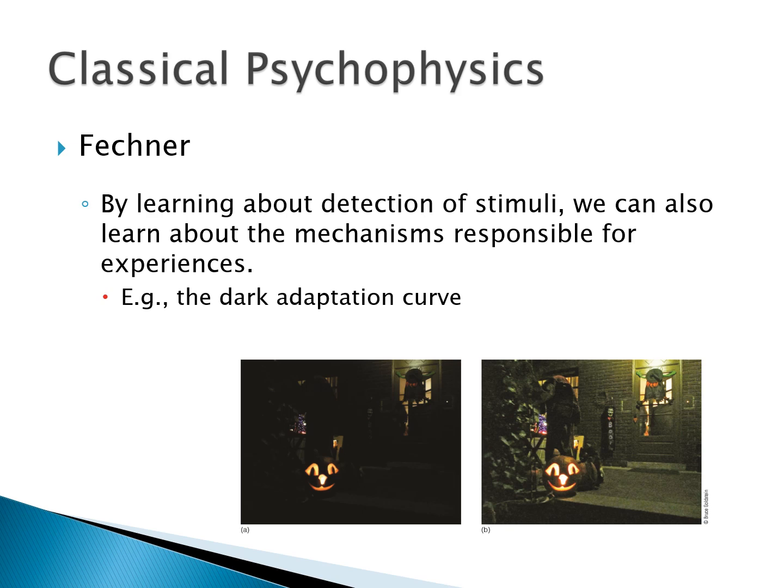And as we wait, things start to look more and more like the picture on the right, where we can kind of see where we need to put our feet in order to get to the next step, and that takes time. Well, we learned about that dark adaptation curve because of one of those classical psychophysical methods, the method of adjustment.